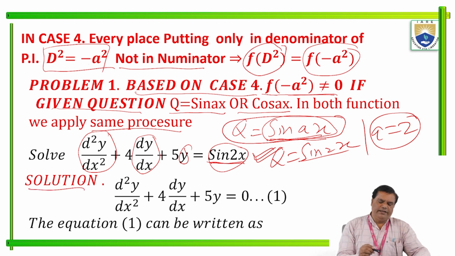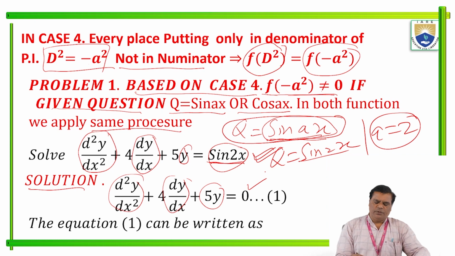Now we will discuss in detail the solution of this differential equation. So d2y over dx2 plus 4 dy over dx plus 5y equal to sin 2x. This is equation 1.